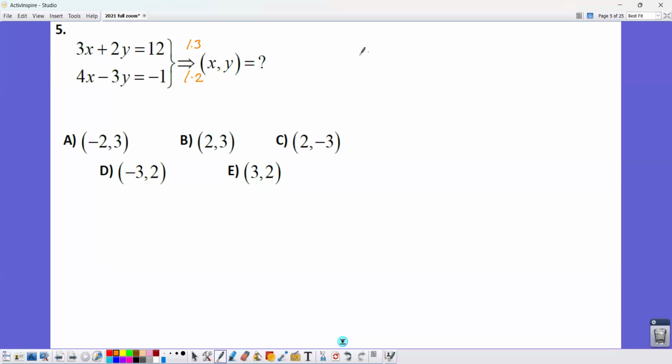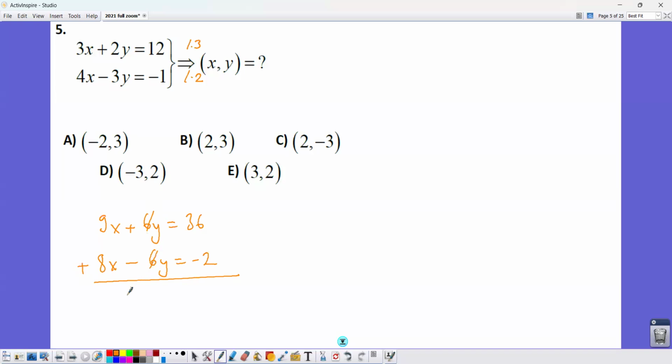Then the first equation will become 3 times 3, 9x plus 6y is equal to 36. The second equation will become 8x minus 6y is equal to minus 2. When we add these two equations, you see one of them is plus 6y, the other is minus 6y.